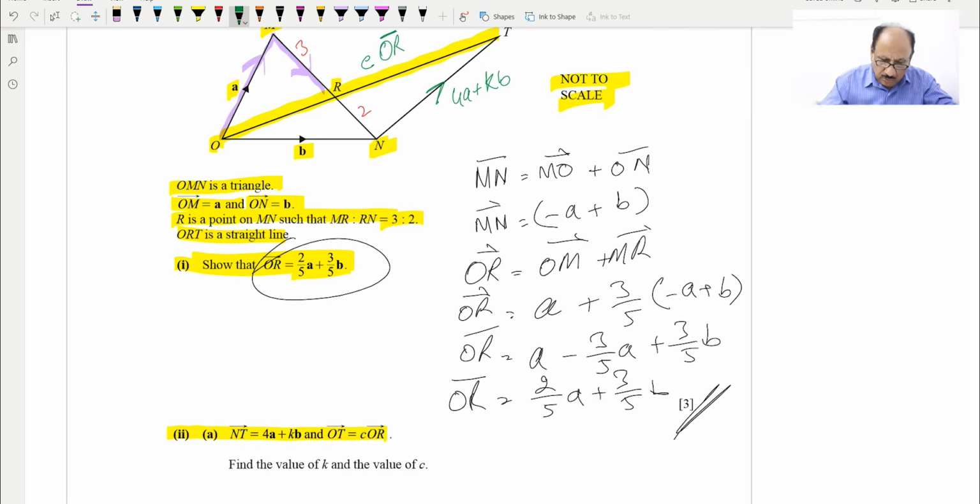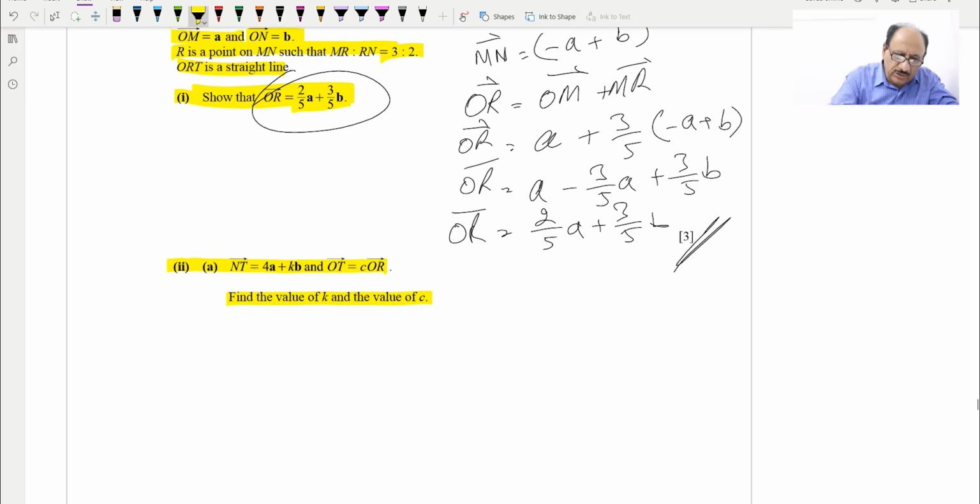So these two are given, and they are saying find the value of k and the value of c. Now OT, we know that OT is equal to C times OR, which is given over here.